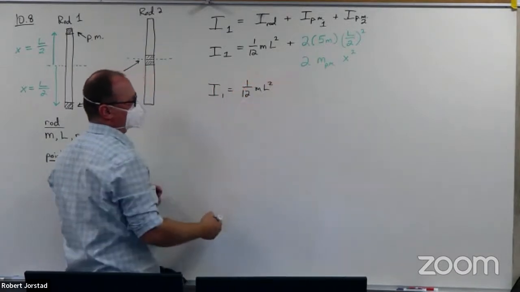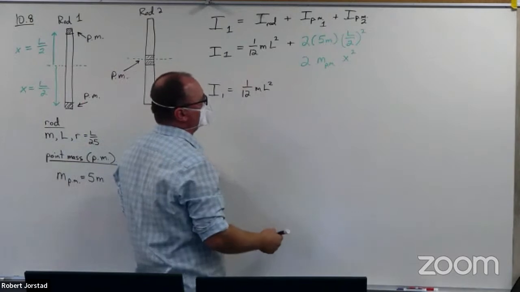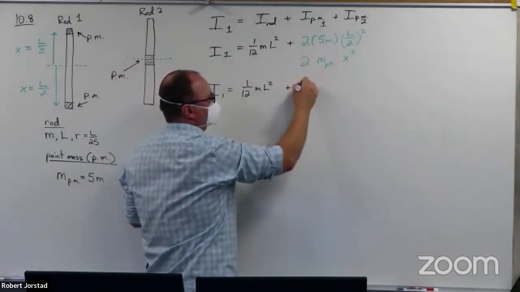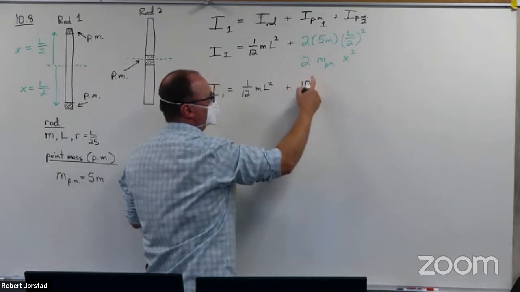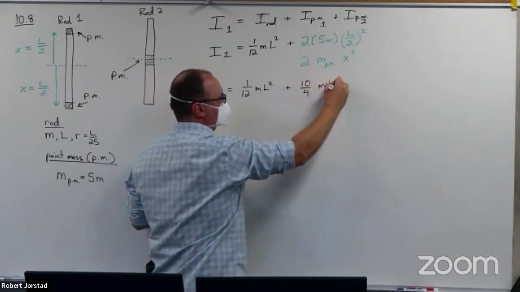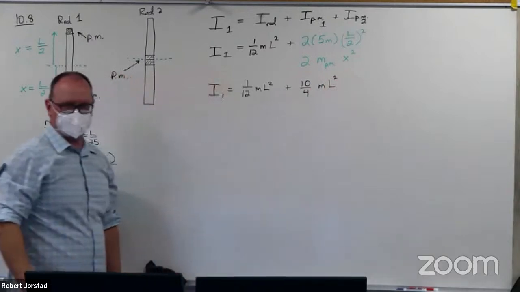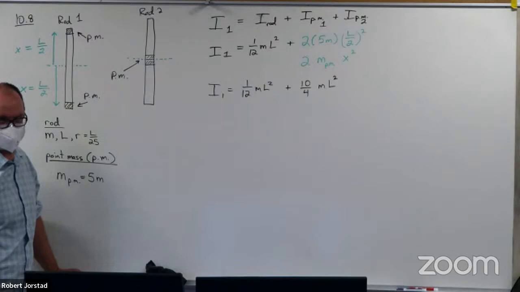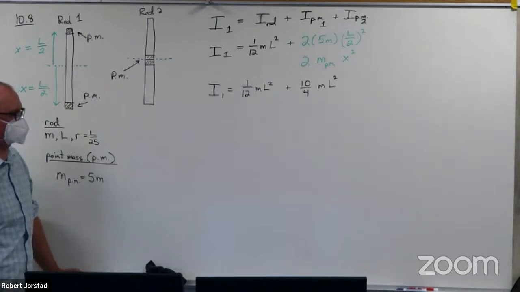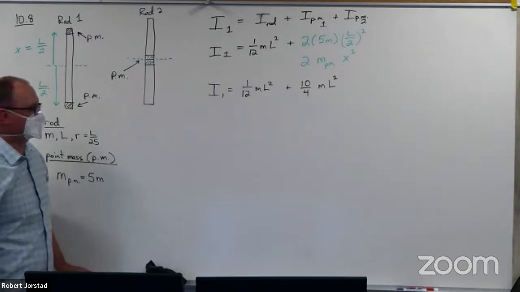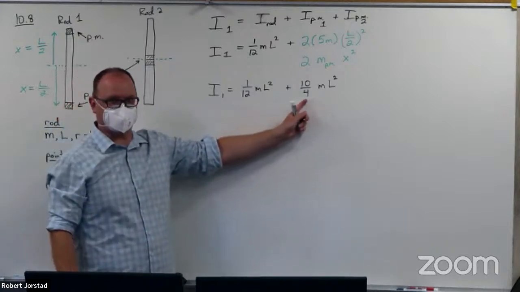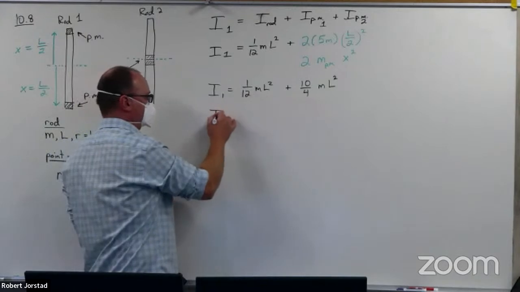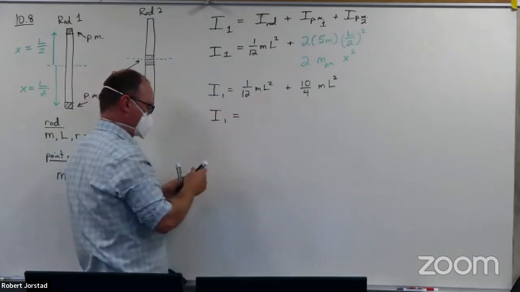And then what is that going to be? 10 over 4. Is that right? 10 over 4 ml squared. As engineers or CS majors or basically anybody except a mathematician, what might you do at this point? Yeah, punch this in on a calculator so you get the right decimal. I'm just going to do the common denominator because that's what I tend to do.